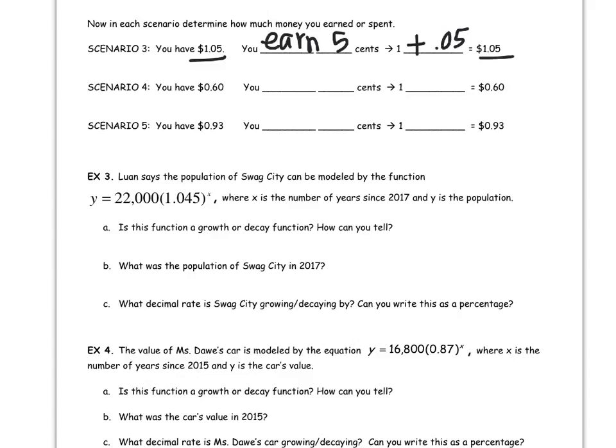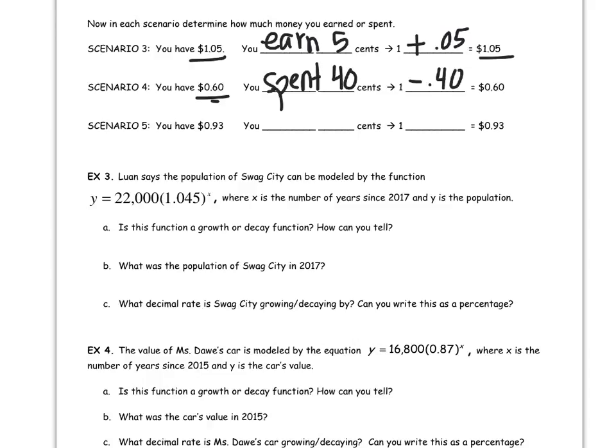All right, this one says that you have 60 cents. So if you have 60 cents and you started with $1, that means that you spent, how much money did you spend if you end up at 60? You spent 40 cents. So to do that math problem, you would do 1 take away 0.40.